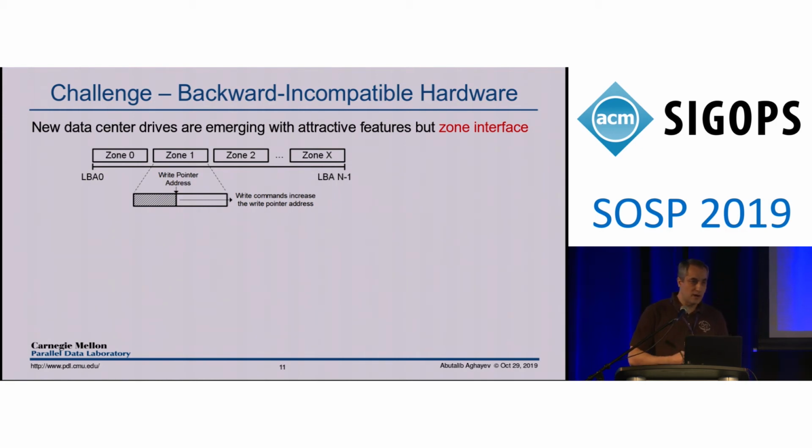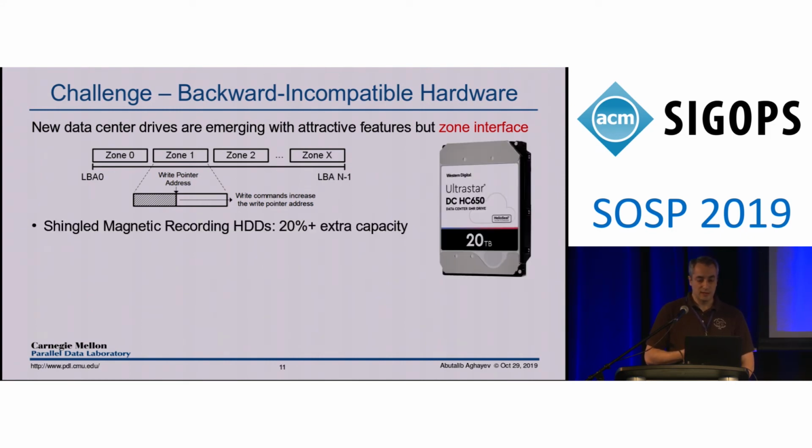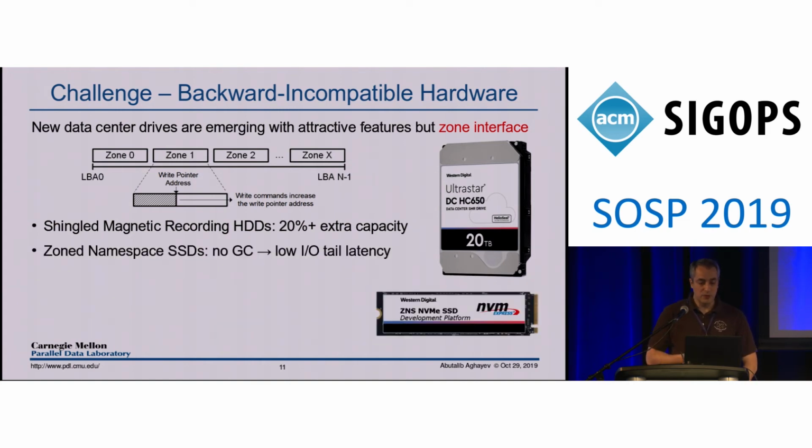Therefore, random writes and overwrites of small data are not possible. Hard drives with the zone interface internally use what is known as shingled magnetic recording, which increases their capacity by 20% or more over conventional drives with the block interface. And more recently, zoned namespace SSDs expose NAND flash erase blocks as zones, eliminating garbage collection and reducing tail I/O latency.